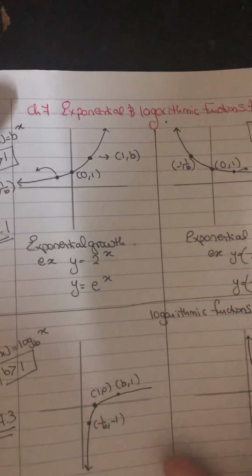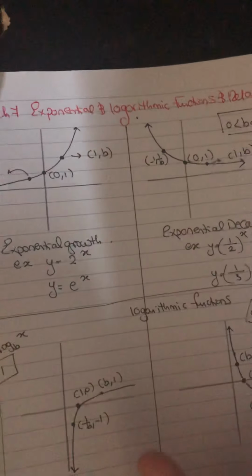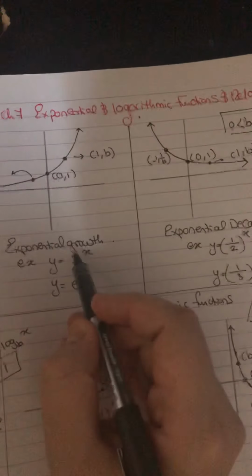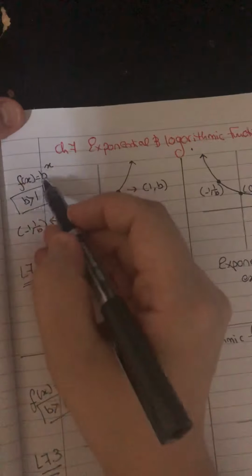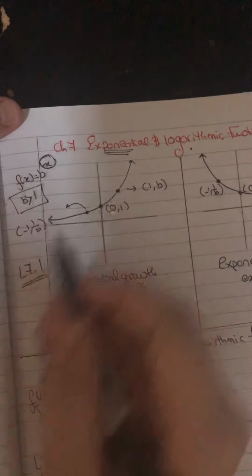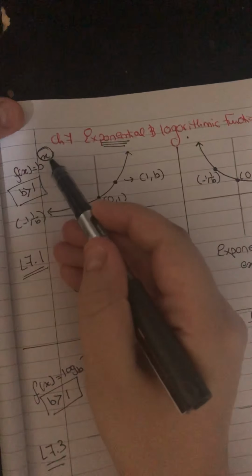Okay, just to remind you about the basic parent functions or parent graphs. Okay, so this is the graph of an exponential growth. The exponential growth is f of x equals b to the power of x. Remember, exponential functions, the x always has to be in the power. Okay, so there is a base raised to the power of x.